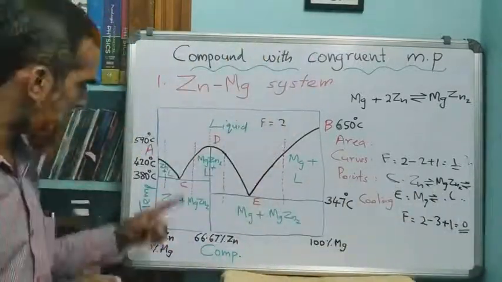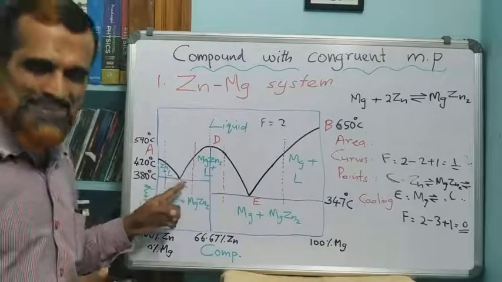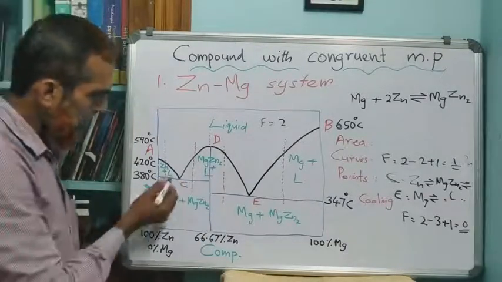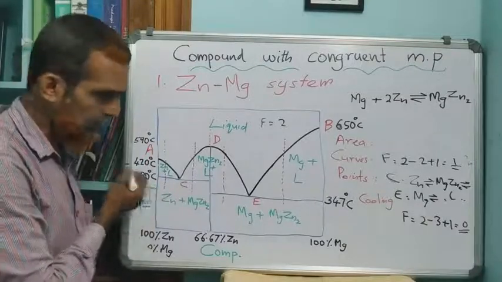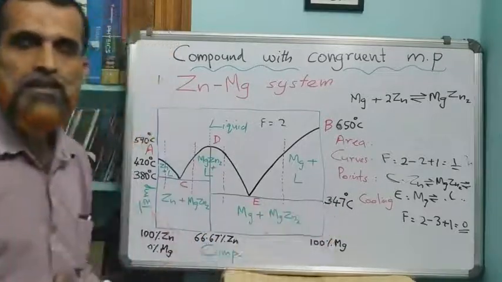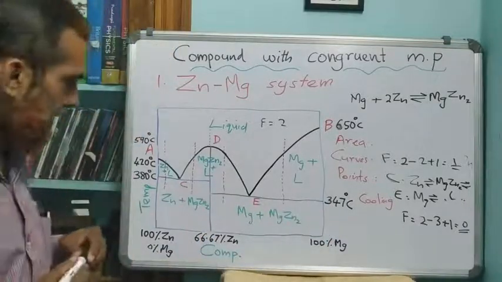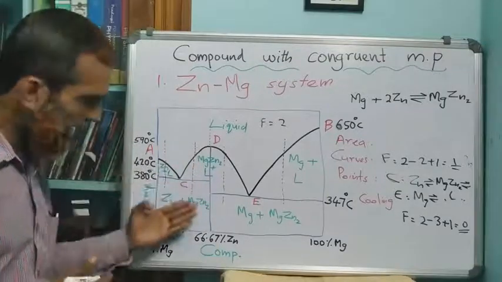System is invariant at these 2 points. That means these are fixed. See, here you can see the temperature is 380 degrees. That is the eutectic temperature for this point, and here it is 347 degrees Celsius. So these are the eutectic points. What about this area?